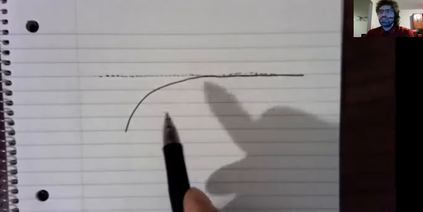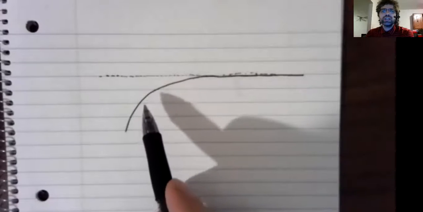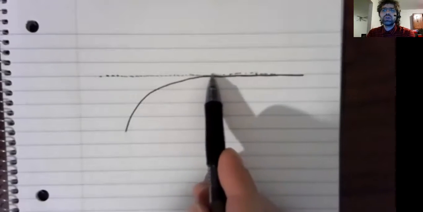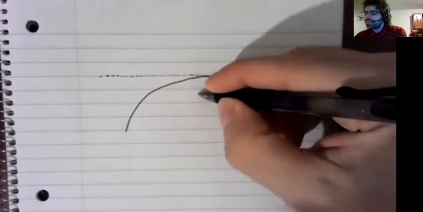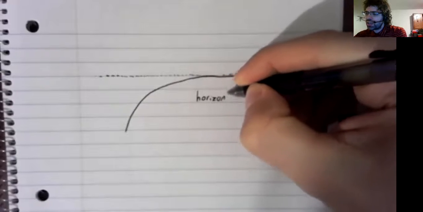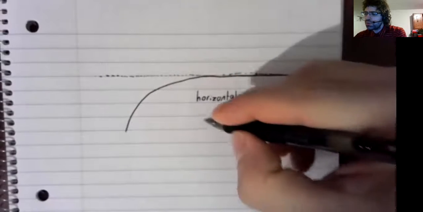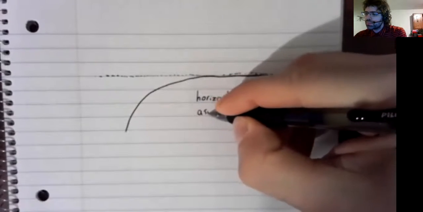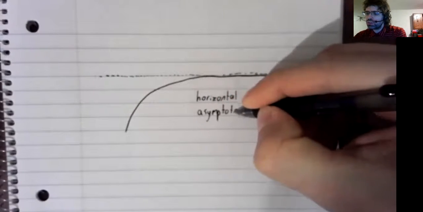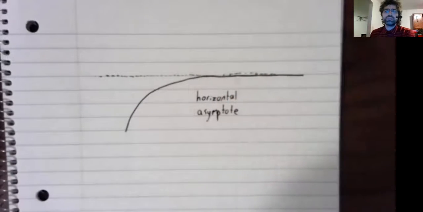When we have a situation like this, where after a time your graph just looks like a horizontal line, that line is called a horizontal asymptote.